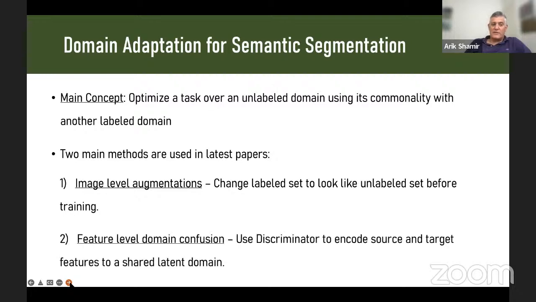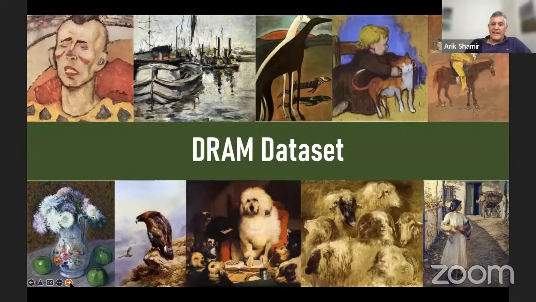The second is feature-level domain confusion. I'll describe two of those that we used on a data set we created called the DRAM data set, which stands for diverse realism in art movements.